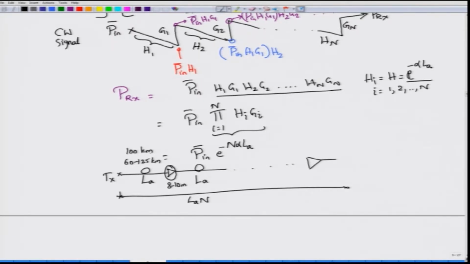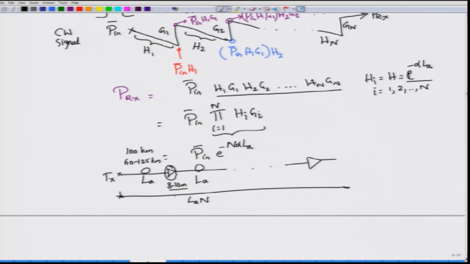At 100 or 80 kilometers, that would be very, very large compared to this small 8 to 10 meter length. So you can either absorb the loss in this erbium doped fiber amplifier or the semiconductor optical amplifier back into this factor h and then work with it, or you can simply ignore the losses at this point, since they are not going to be very large.